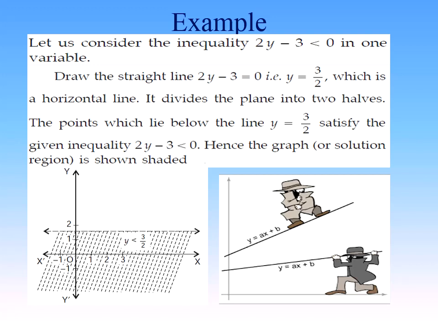The points which lie below the line y equal to 3 by 2 satisfy the given inequality 2y minus 3 less than 0. Hence the graph of the solution region is as shown in the diagram. So we need to consider the points which are below the straight line y equal to 3 by 2.